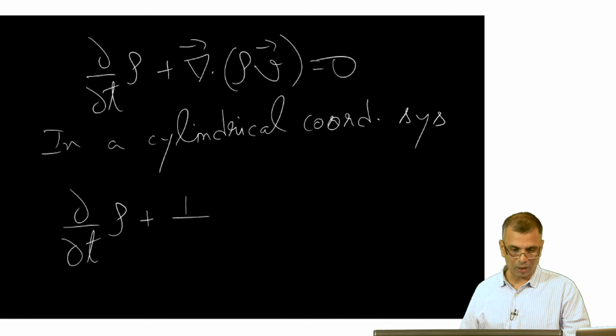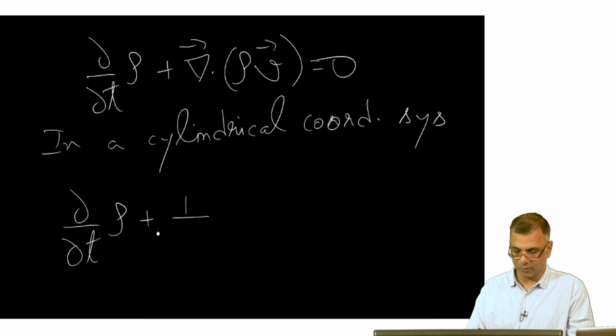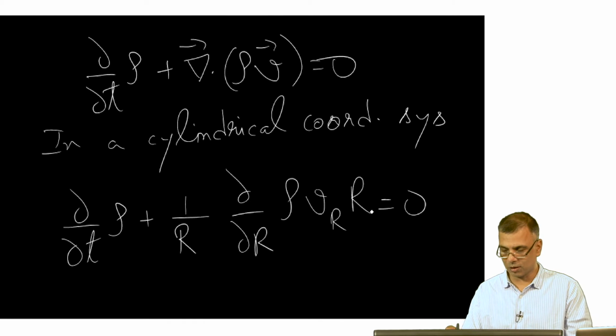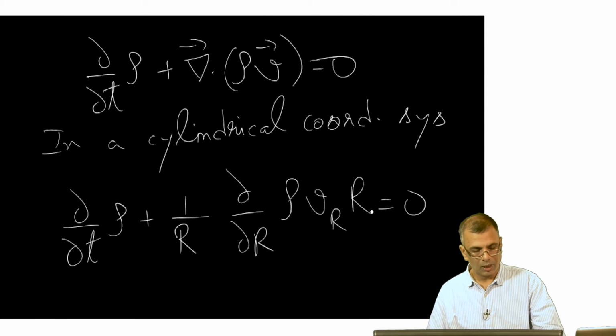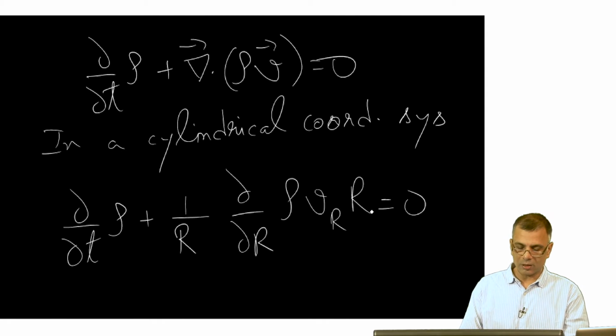And so in a cylindrical coordinate system, the mass conservation equation would look like this: 1 over r. This and this are the same. All right, now let me integrate this equation.